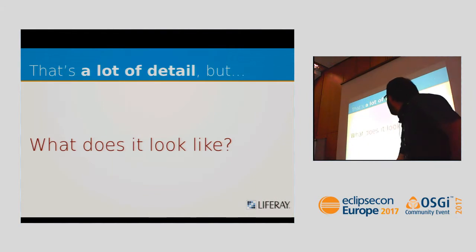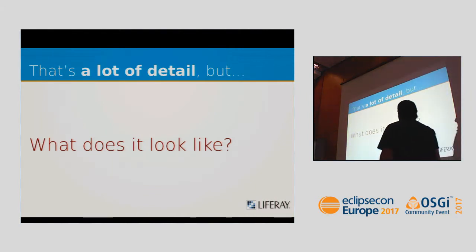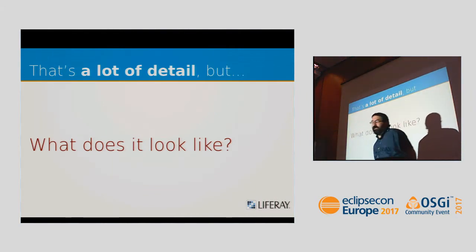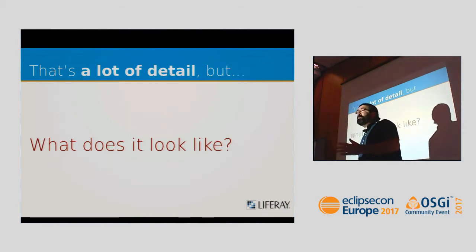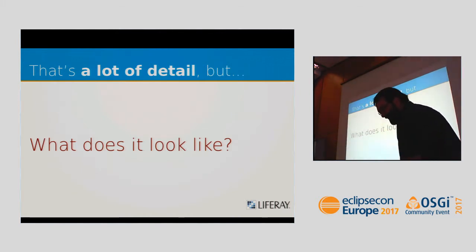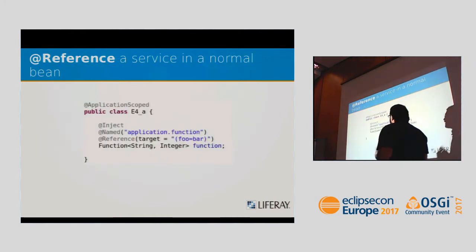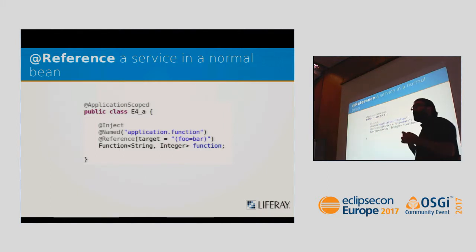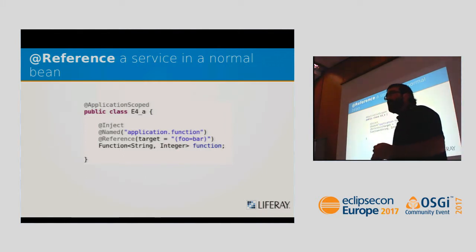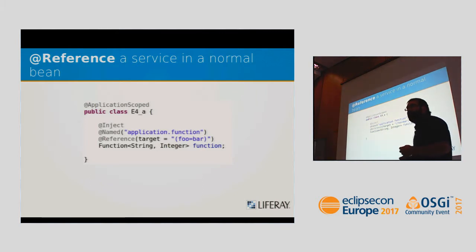Okay? So that's a lot of detail, and you're probably thinking, why would I ever do this? Well, it turns out that when you look at it, it's pretty nice. It's slightly more verbose than declarative services, and there's a reason for that.